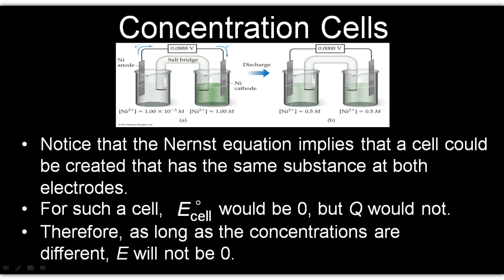But if we change those concentrations, like we're doing here, we have a dilute solution and we have a concentrated solution. So what is going to want to happen here is the potentials are going to want to equal out. We're going to have electrons leaving this nickel plate on the left and moving towards the nickel plate on the right. And why does it do this?